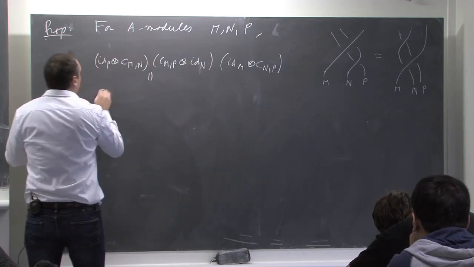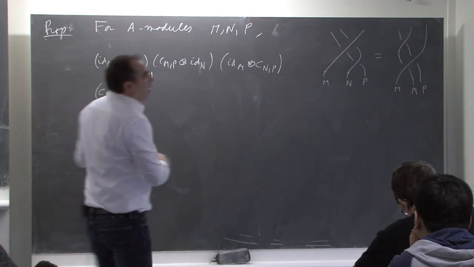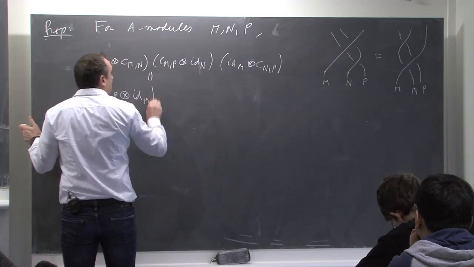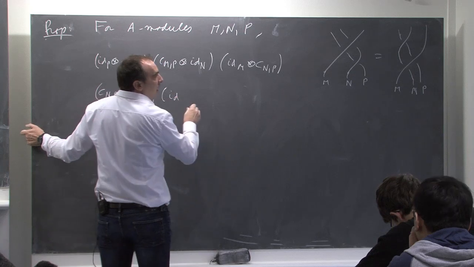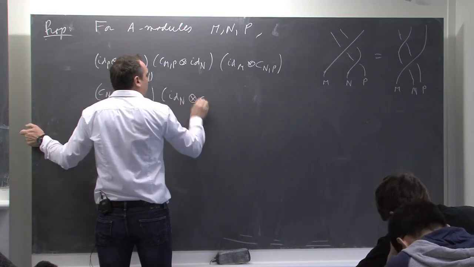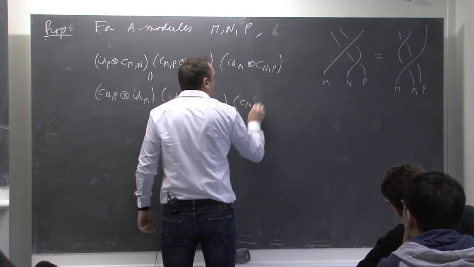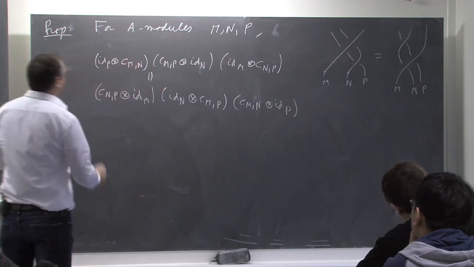C_{N,P} times identity of M, identity of N, C_{M,P}, and C_{M,N} times identity of P.